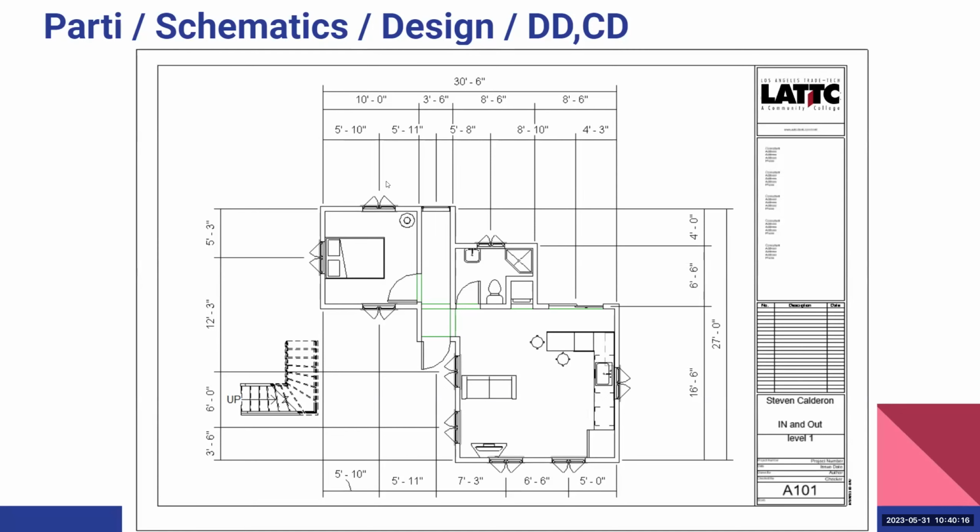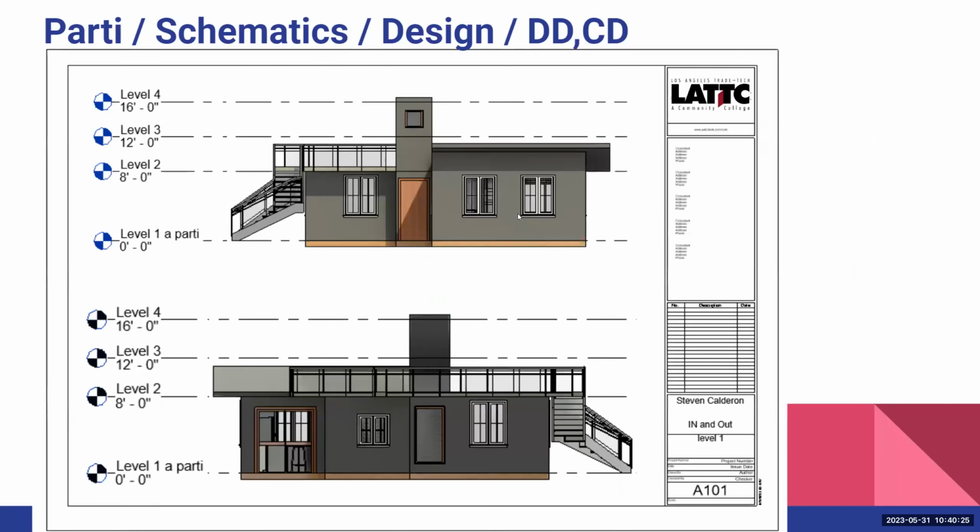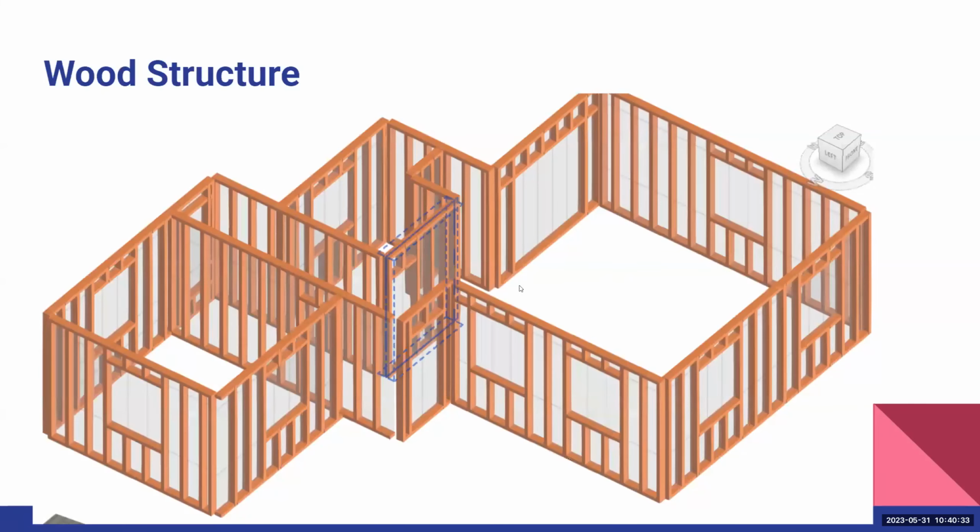And here are the measurements in between spaces with windows. And here are the elevations on heights of each level. And here's the wood structure of my place here as well.